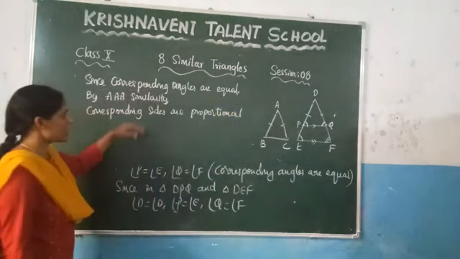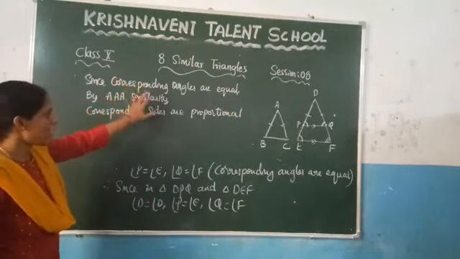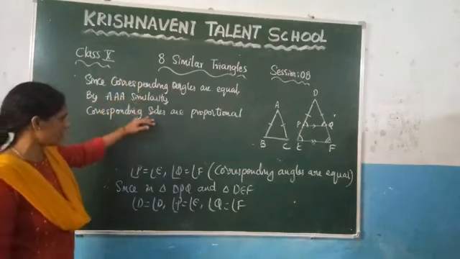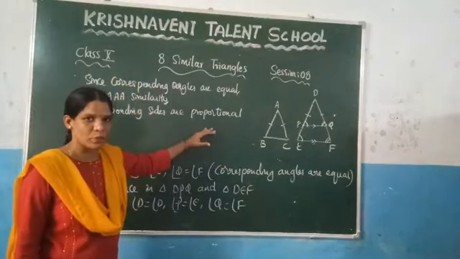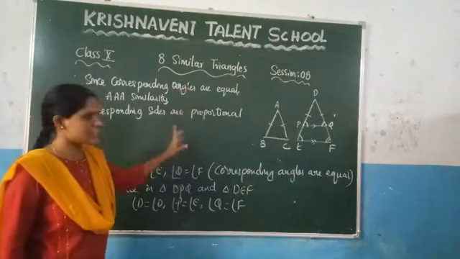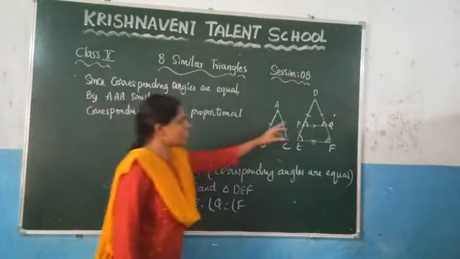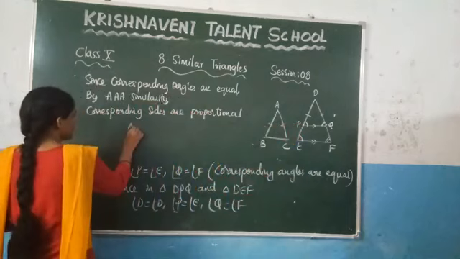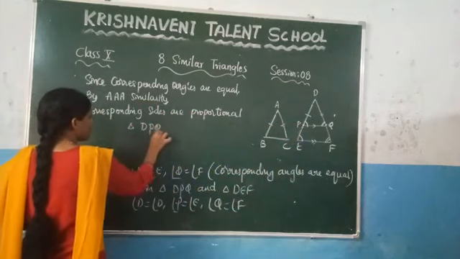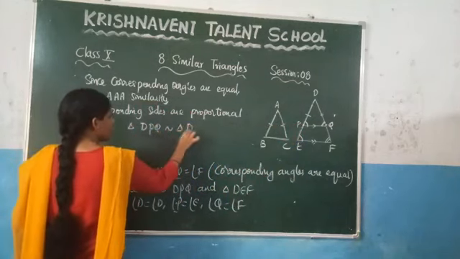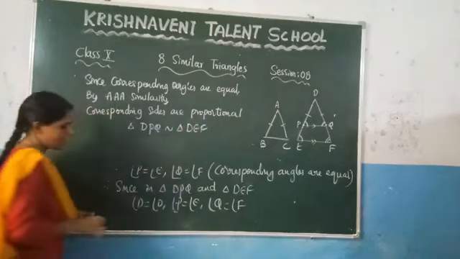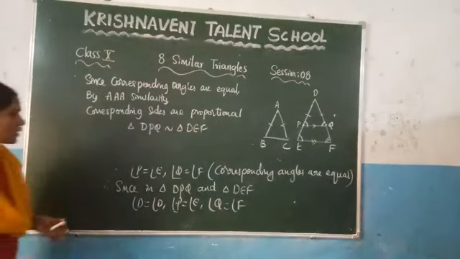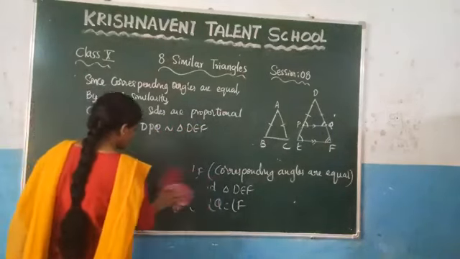We got here the corresponding angles are equal. By angle similarity, we know that the corresponding sides are proportional. If these two conditions are satisfied, then we can say that these two triangles are similar. So here we get triangle DPQ is similar to triangle DEF, right? If these two triangles are similar, you know that the corresponding sides are proportional.